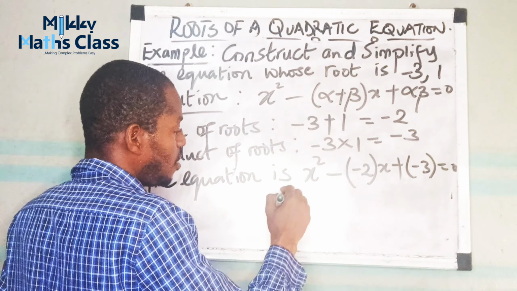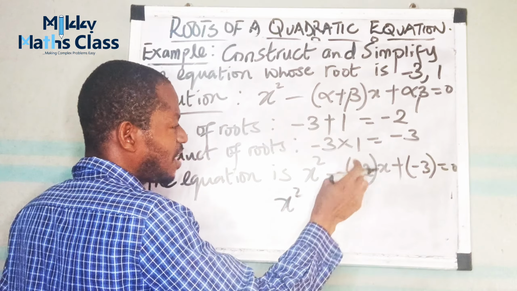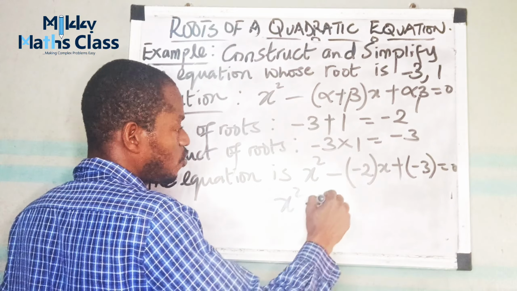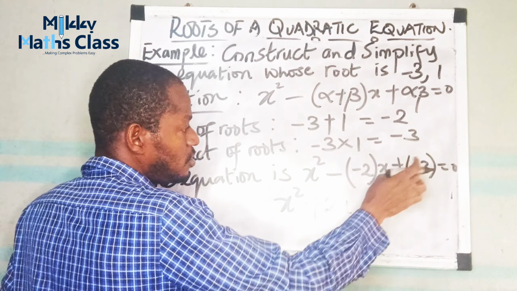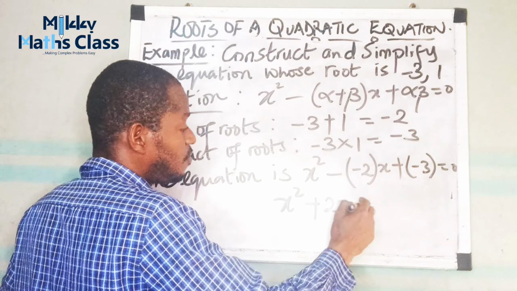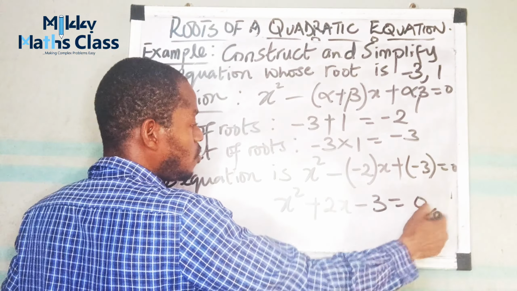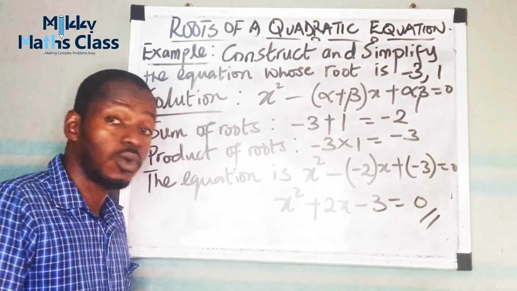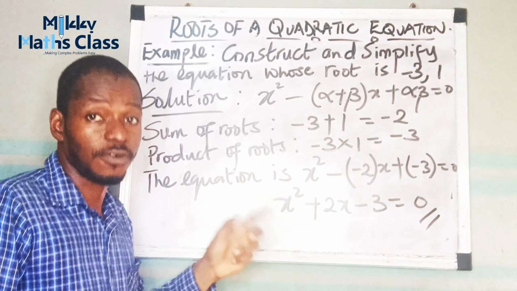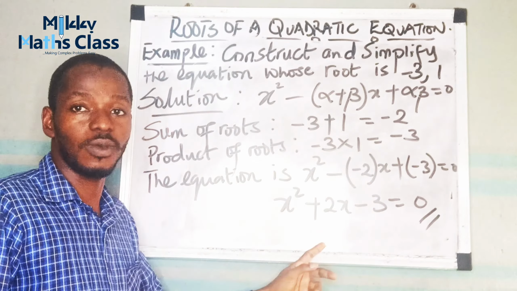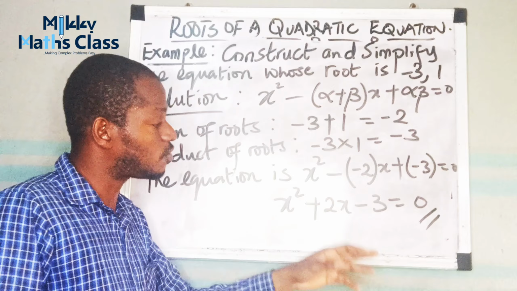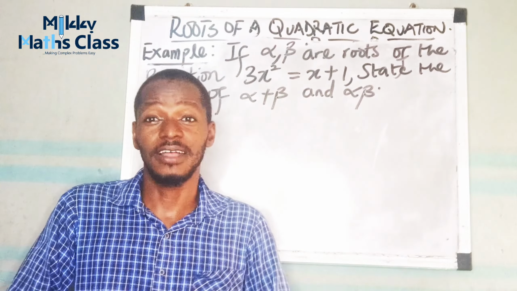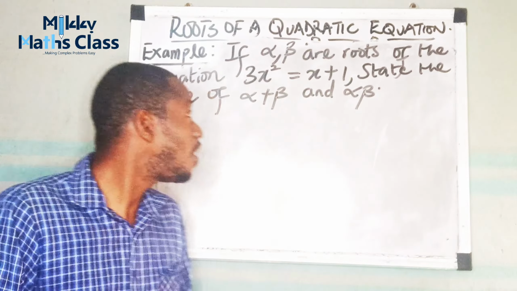So this becomes x squared, negative times negative is positive, plus 2x. This times this will be negative, minus 3 equals 0. So this is the quadratic equation that has been required for us to construct: x squared plus 2x minus 3 equals 0. All right, let's look at this last example before we go.